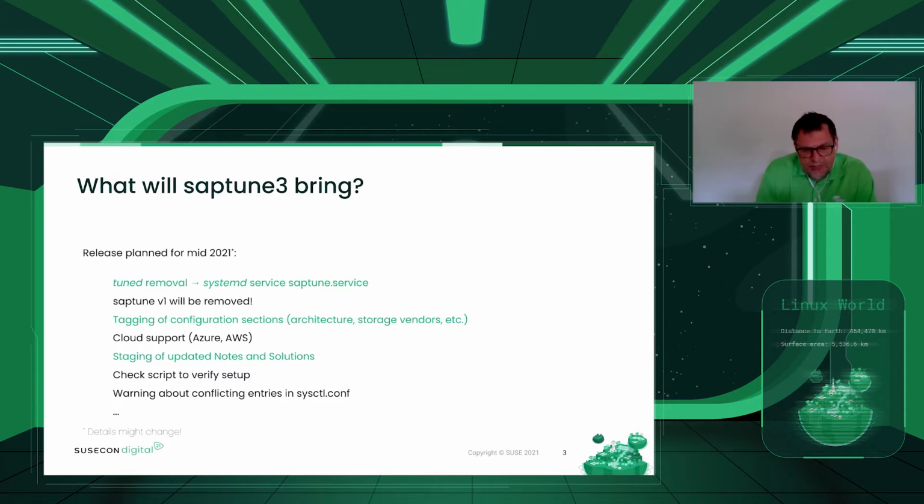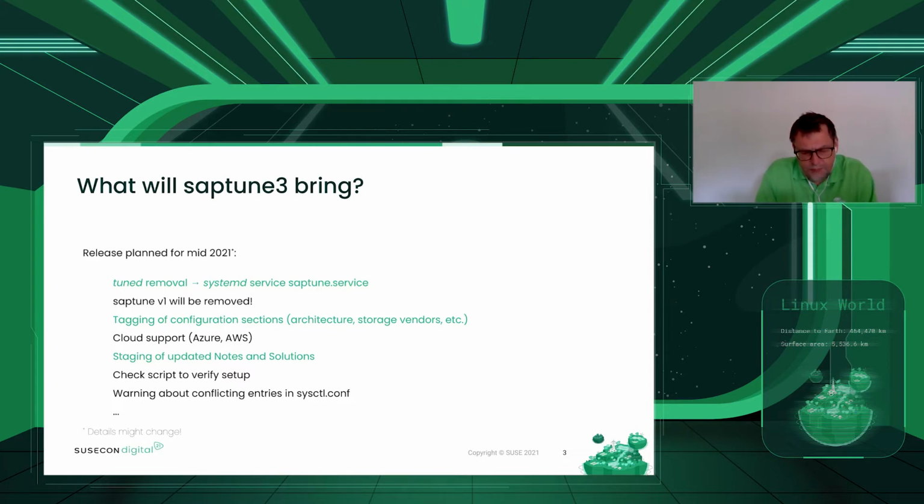The last two topics address issues we have seen in customer cases. There are two major classes of problems. The first one is trouble with setting up Saptune correctly. Most times there is a mix-up with sapconf, or tuned is not configured correctly.